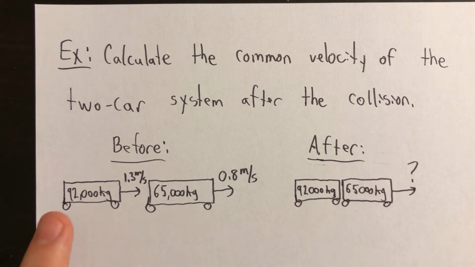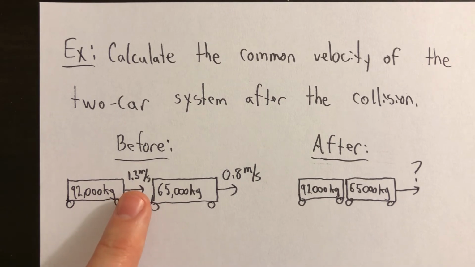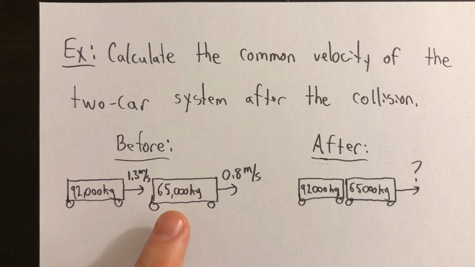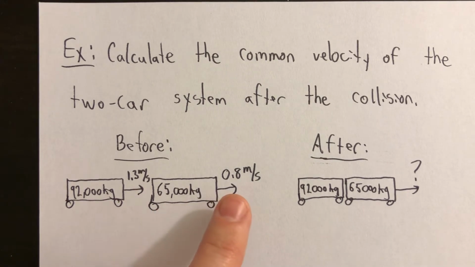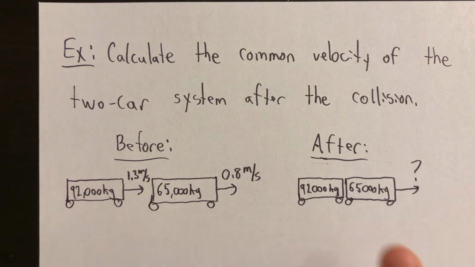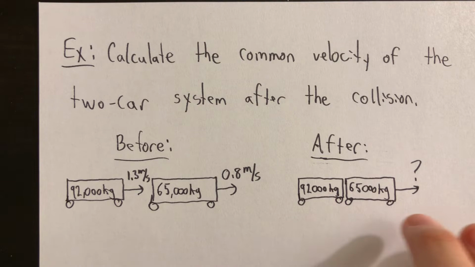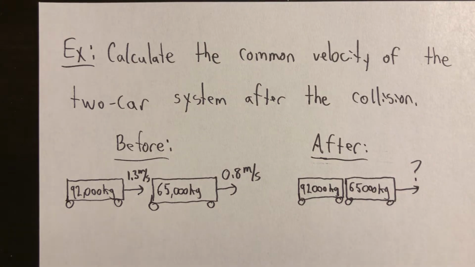So what we have is a 92,000 kilogram car moving with a velocity of 1.3 meters per second. It catches up to a 65,000 kilogram car which has a velocity of 0.8 meters per second. They collide, they stick together, and then they move on to the right at the same speed.